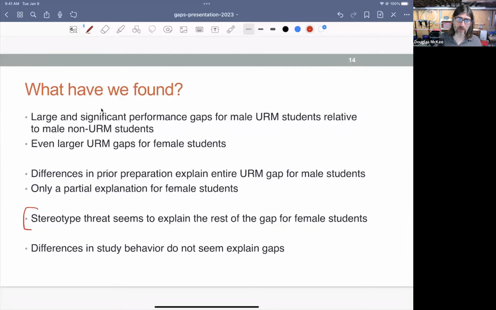What matters much more is the behaviors of the faculty, how inclusive the classroom is, and I actually think this is really important, what are the substantive examples that are used during the teaching.